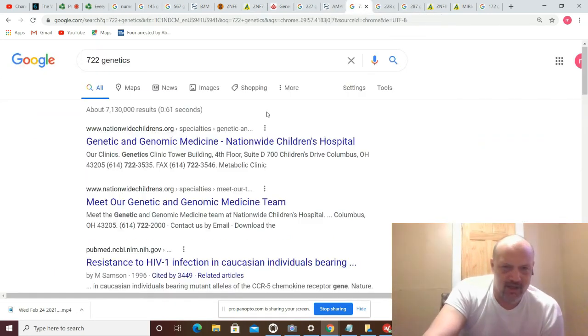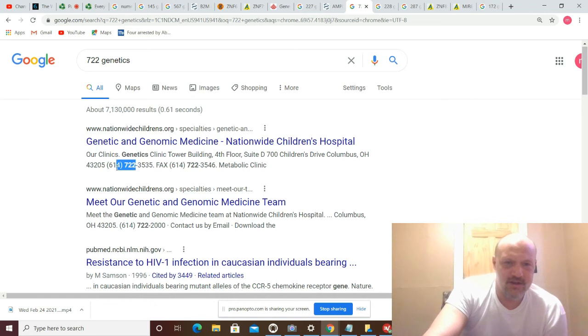You have Genetic and Genomic Medicine, Nationwide Children's Hospital. It's part of a phone number here, 722. It's part of a fax number here, 722.